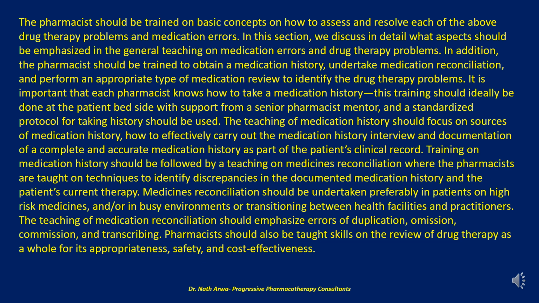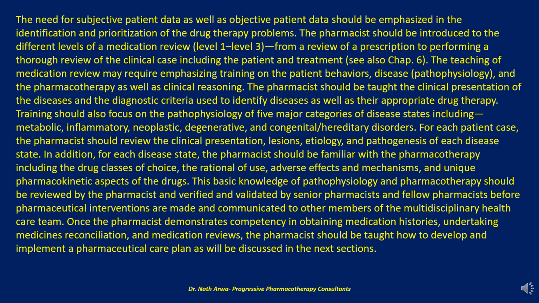Pharmacists should also be taught skills on the review of drug therapy as a whole for its appropriateness, safety, and cost-effectiveness. The need for subjective patient data as well as objective patient data should be emphasized in the identification and prioritization of the drug therapy problems.